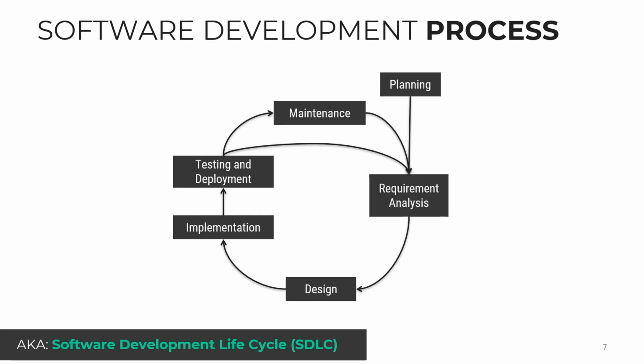Can we make money? Can we make a business out of it? After you pass your feasibility test, you move on to requirement analysis. After that, you move on to designing the solution, then implementing the solution that you designed. After implementation, you move on to testing and deploying your product to the customer.